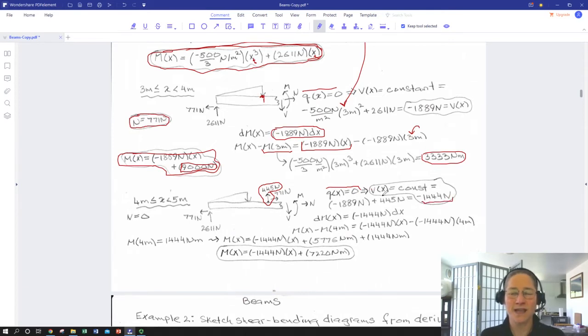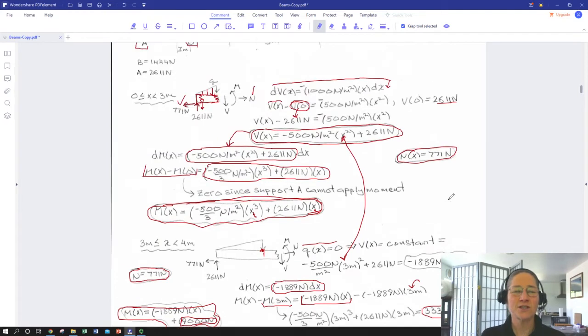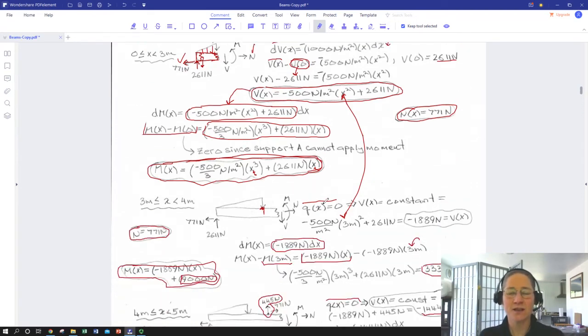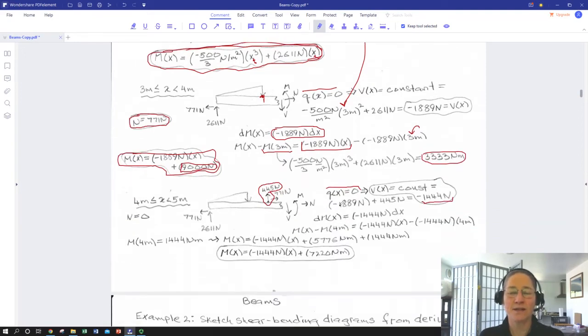We basically added 445 to that negative 1,889, and it stays constant at negative 1,444 all the way to the support at B, which just so happens to be 1,440. So those two can be thought of as effectively canceling. When you get all the way to the support at B, the B support provides that shear, so that's actually going in the correct direction sign-wise.